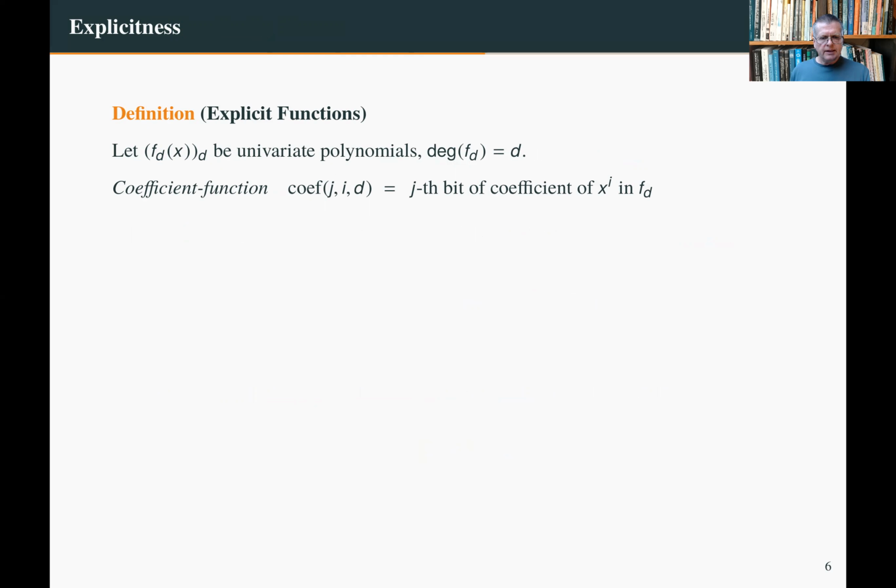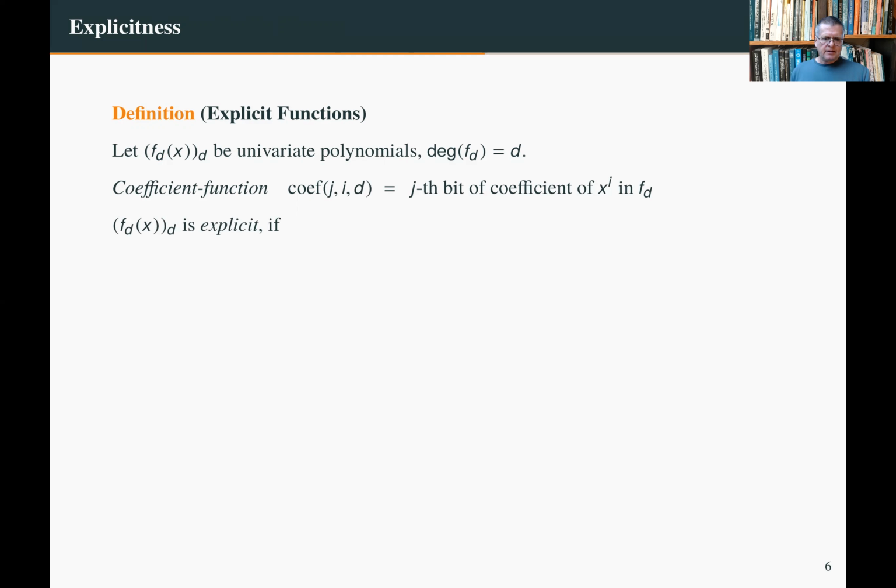Okay, we need the notion of an explicit function. An explicit function, roughly, is a polynomial where the coefficients are easily computable. Suppose we have a family of polynomials f_d of degree d, and then we look at the coefficient function that gets as input j, i, d, and the output is one bit, namely the j-th bit of the coefficient of x^i.